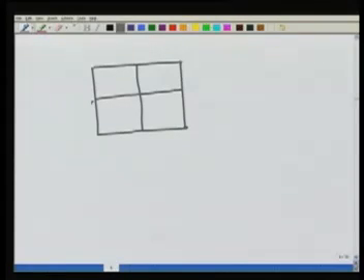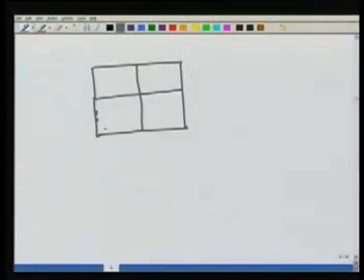Let's say on this edge I have given some kind of a flux boundary condition. On this edge I have specified G. This edge lies in element 1.